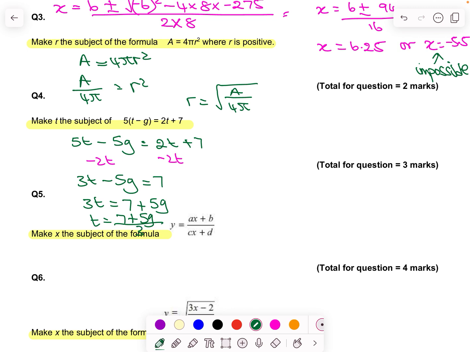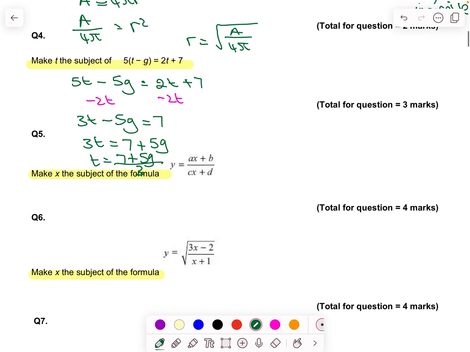Okay, right, next one. Again, x appears in both sides. So first of all, I'm going to multiply by cx plus d on both sides. So cx plus d on both sides just gets rid of it here. And what I get on this side is y times (cx plus d) equals ax plus b.